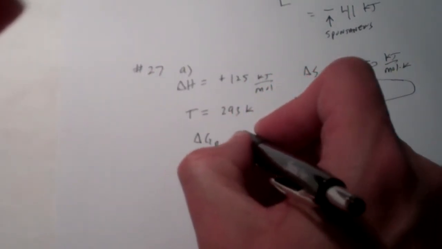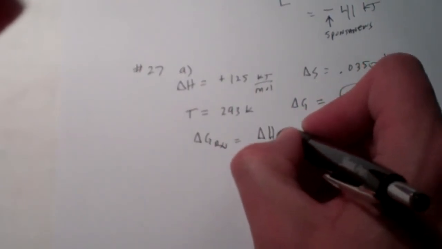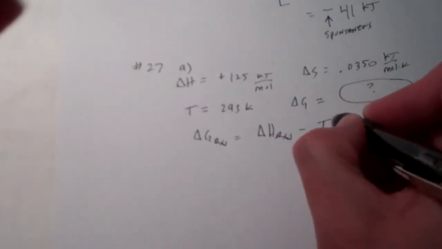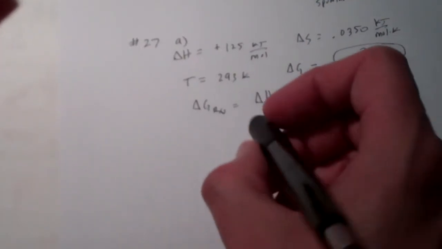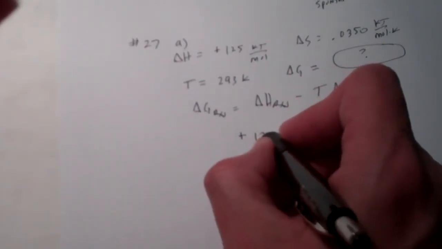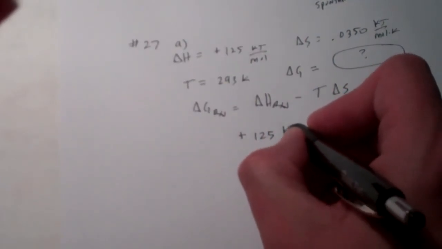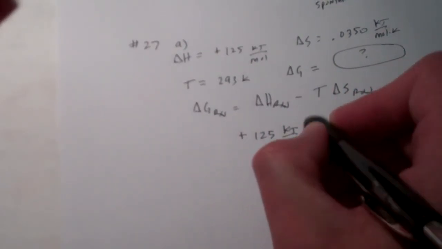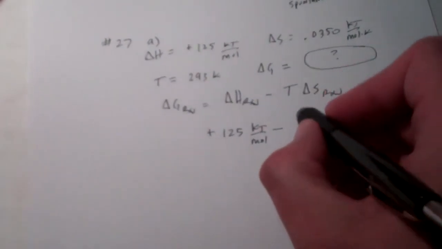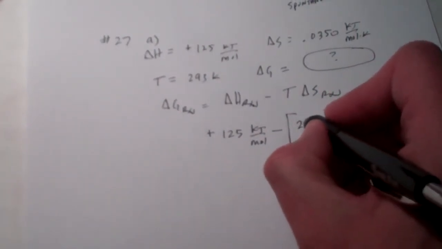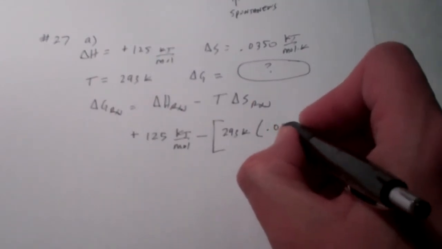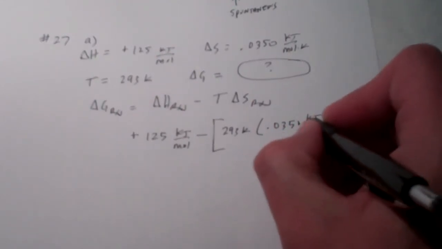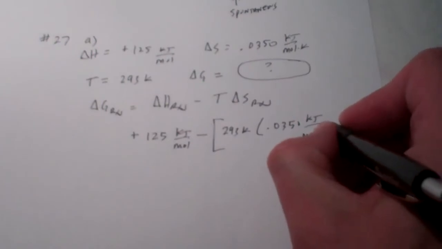Delta G of the reaction equals delta H of the reaction minus T delta S of the reaction. Delta H is a positive 125 kilojoules per mole minus my temperature, which is 293 Kelvin, times 0.0350 kilojoules per mole Kelvin.